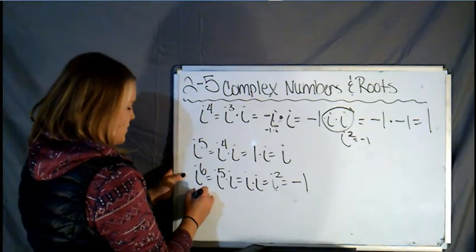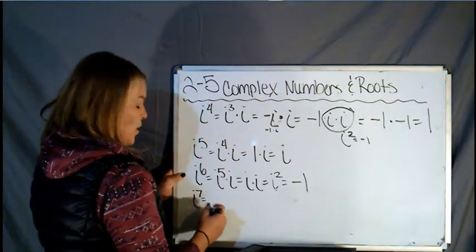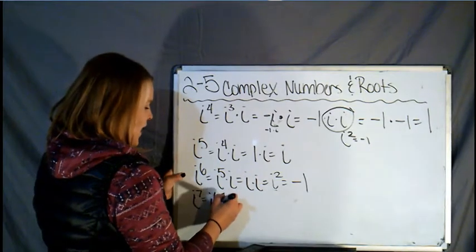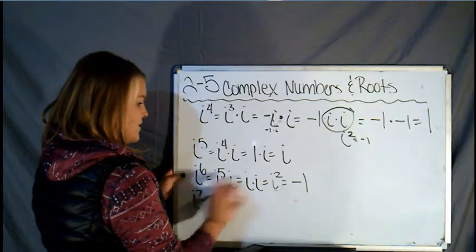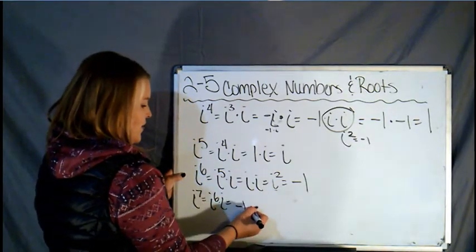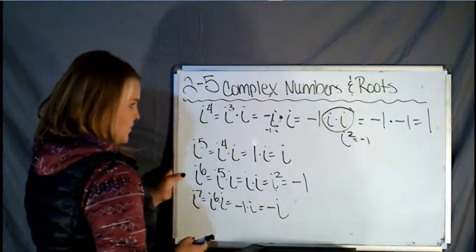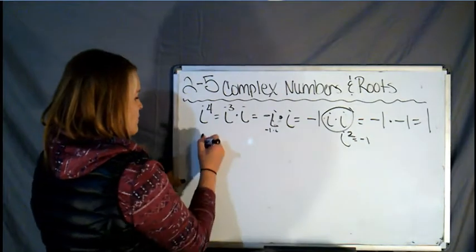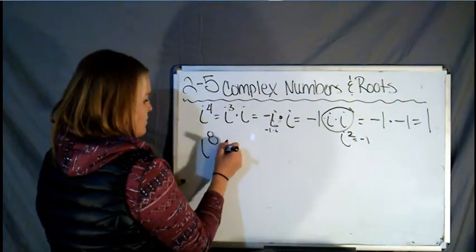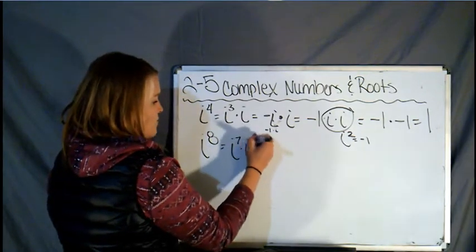Let's look at i to the 7th. i to the 7th is i to the 6th times i. i to the 6th is negative 1. Negative 1 times i is negative i. One more. i to the 8th would be i to the 7th times i.